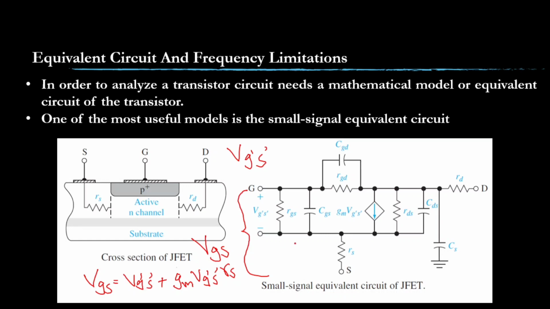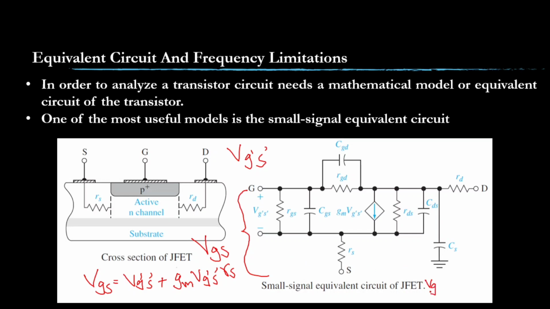And the voltage drop across the resistance RS would be the current times the resistance. What will be the current? The current flowing through this path, drain to source, is nothing but Gm VG dash S dash. When I multiply the current with the resistance, I get a voltage. So add these two voltages, and that will be VGS. So finally, what can I write?